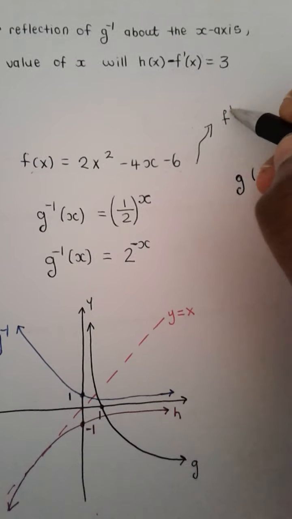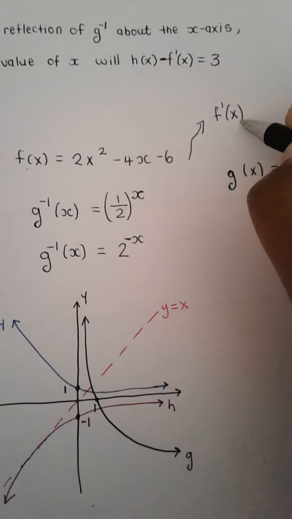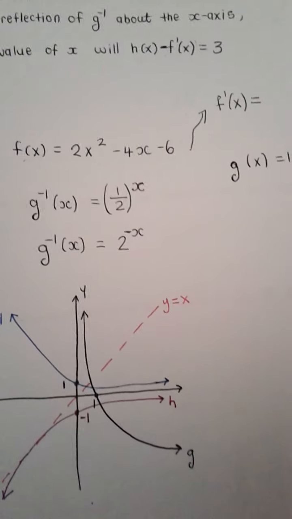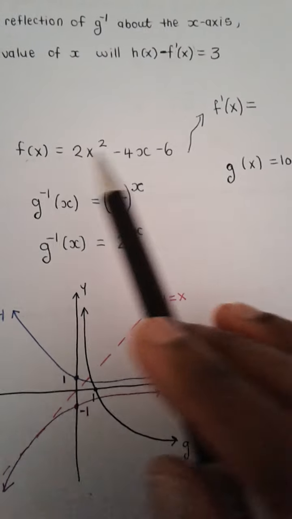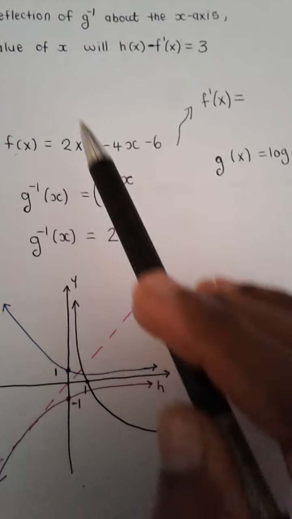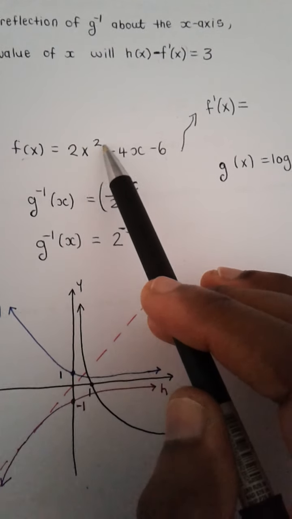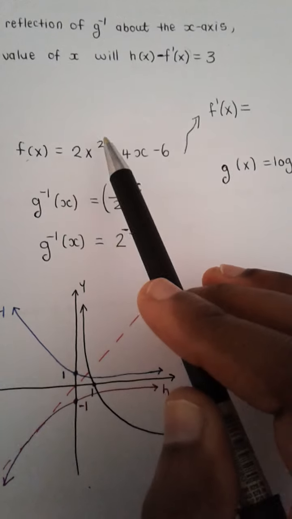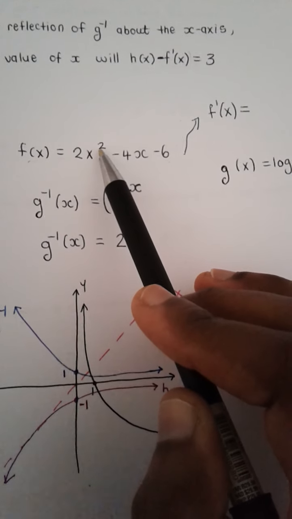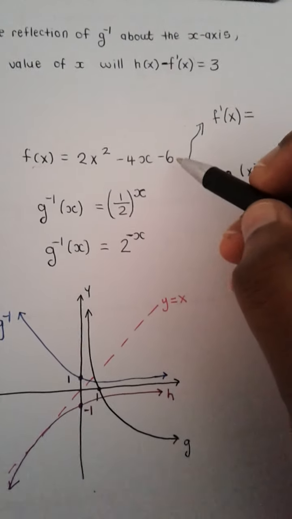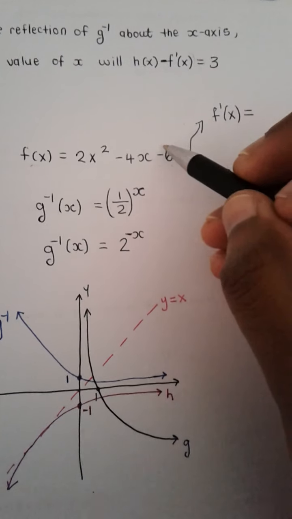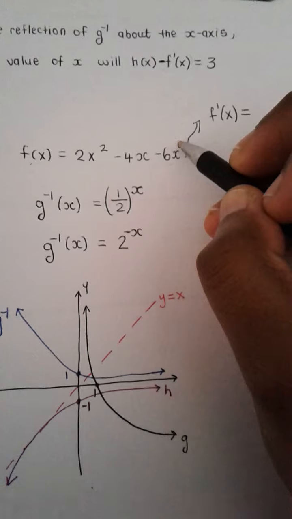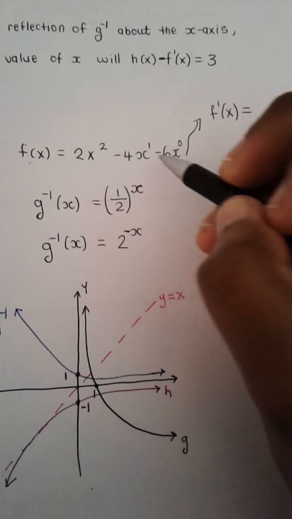So f prime of x is going to be a linear function. We're going to apply the power rule to f of x. When we do that, we're basically taking each exponent and multiplying it with the coefficient and then decreasing the exponent by 1, remembering that this constant term has an x term which has an exponent of 0, and this one is an exponent of 1.